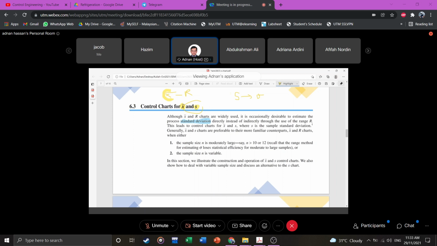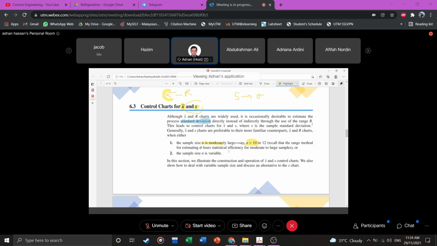So why do we use S? This is because we want to have better accuracy; the S chart is more accurate. In order to use the S chart, N must be moderately large, which is greater than 10, meaning the sample size we take should be greater than 10.